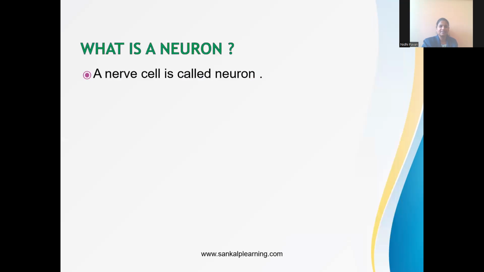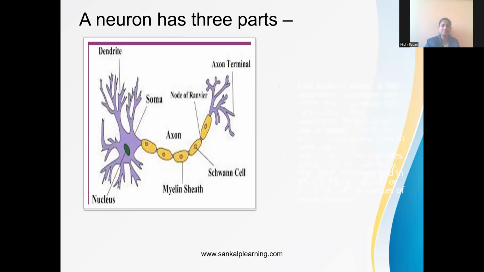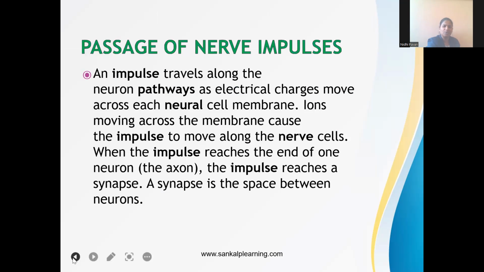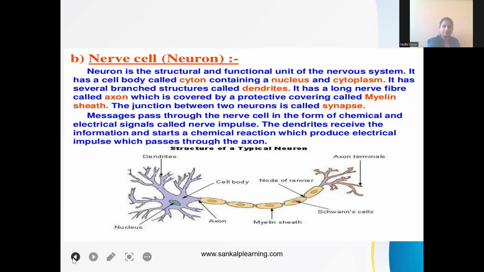Next, the nervous system comprises structural and functional units which are called neurons. Let us see the structure of a neuron. Here you can see the dendrite.